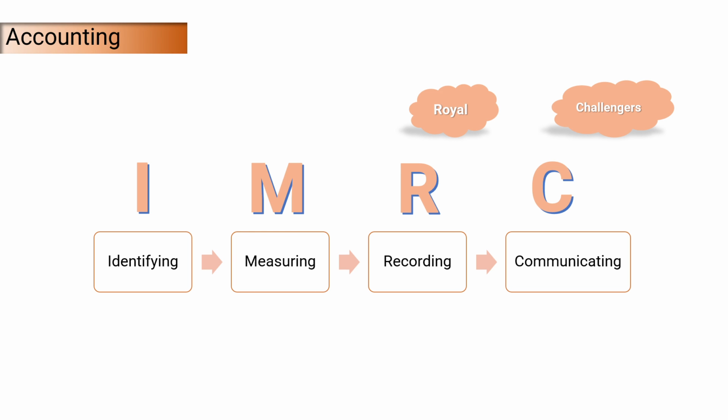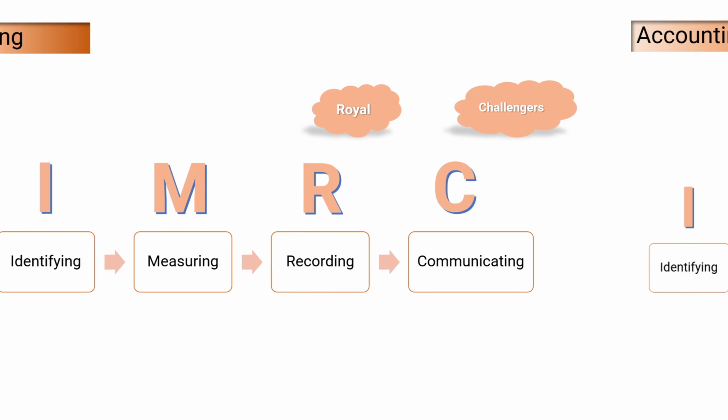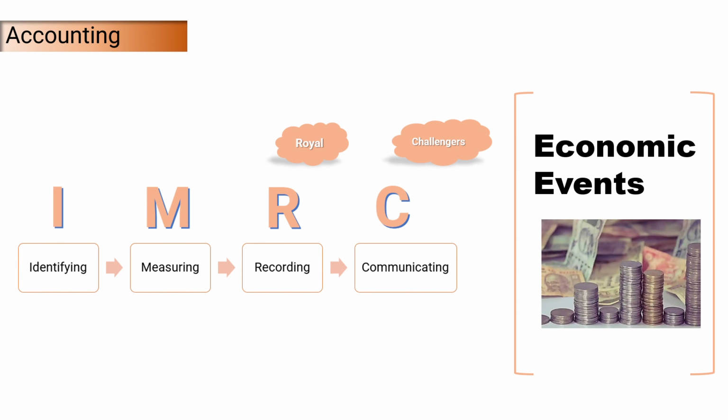What do we identify, measure, record, and communicate? We identify those transactions which can be recorded in the books. All the transactions which are related to any business transactions or economic events are identified. That is what is meant by identifying.